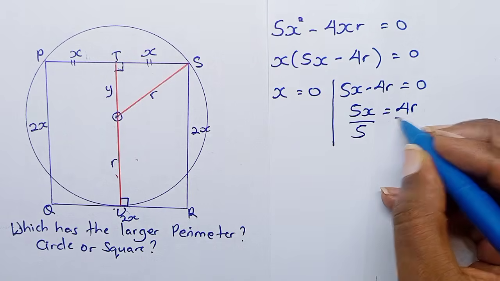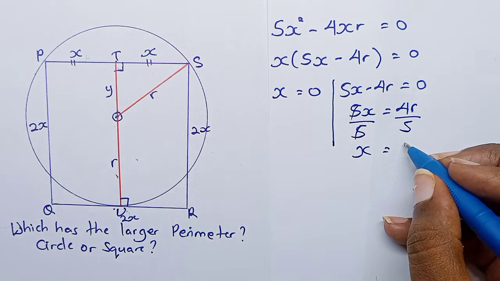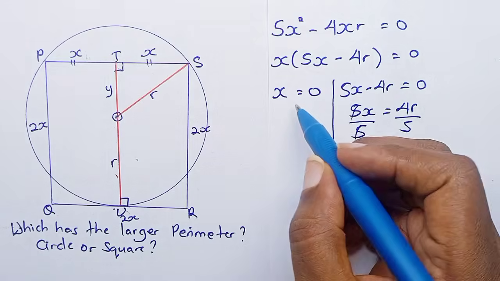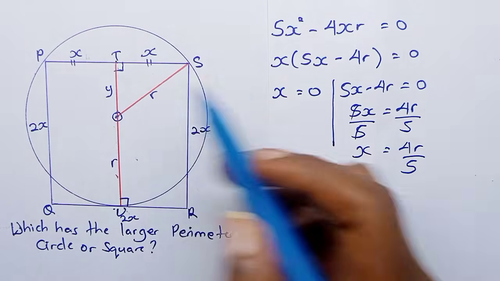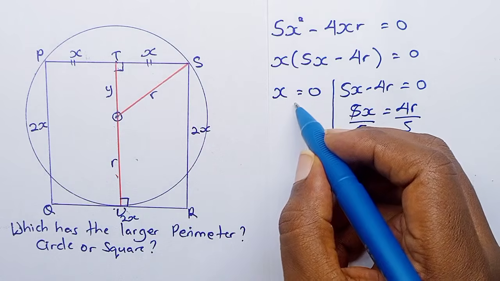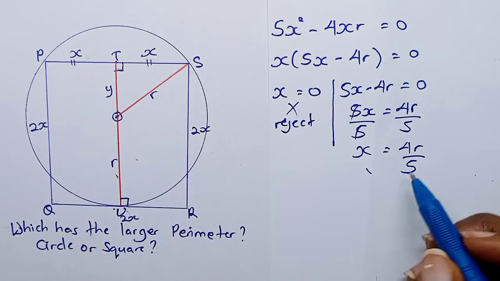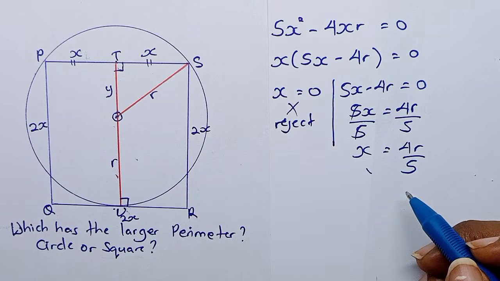Divide both sides by 5. So x is equal to 4r over 5. But as you know, x represents the distance from T to S, or from P to T, so it cannot be 0. So we reject this solution and only consider x is equal to 4r over 5.